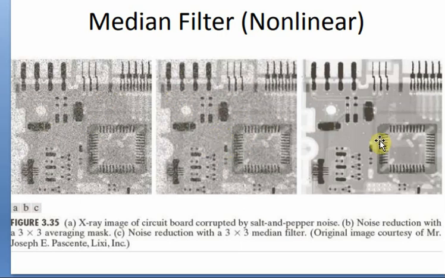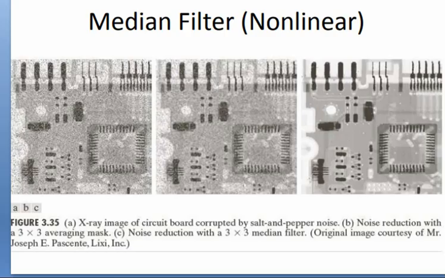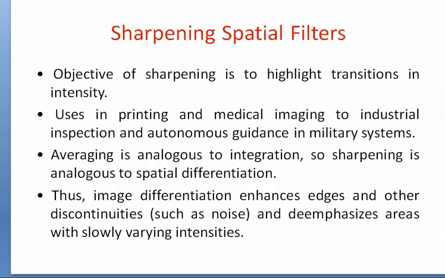If I apply the 3x3 median filter, see this, the noise is removed. In this way, we can choose the filter depending on the particular image. Now we will see the sharpening filter in the next video. Thank you.